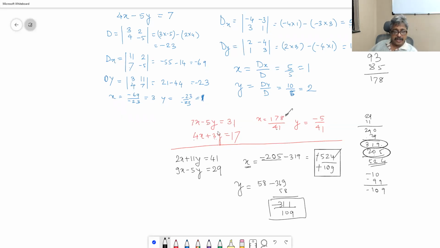I made a mistake here while doing it, and when you are trying to find y, you go directly 7 into 17 minus 31 into 4. That is minus 5. Denominator same. You need to do it accurately and with speed, because you will have to solve at least 2000 simultaneous equations. If you take a couple of minutes more, it will be 4000 to 6000 minutes unnecessarily wasted in your life. Therefore, the majority of the calculations are oral, and the final answer has to be accurate.